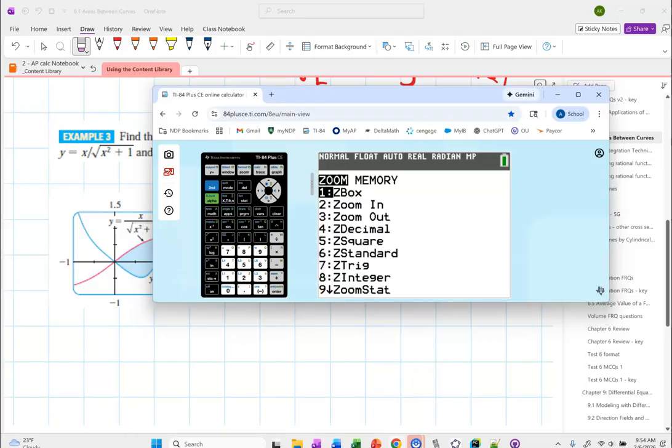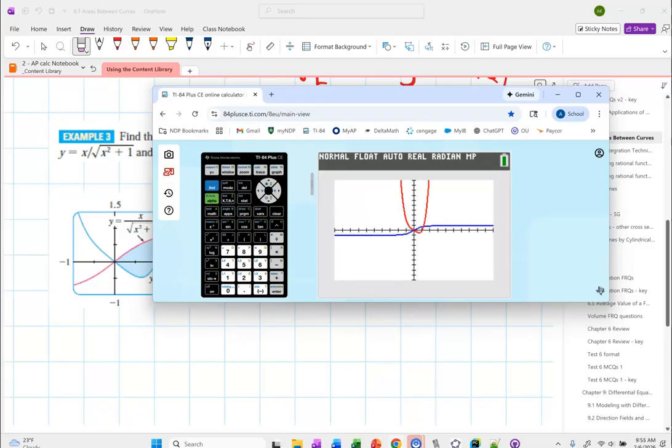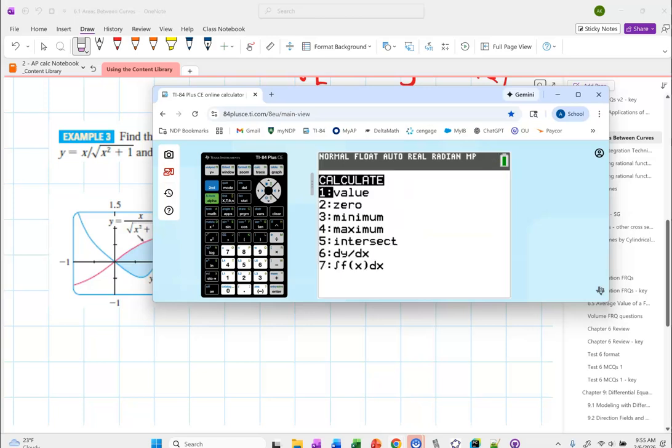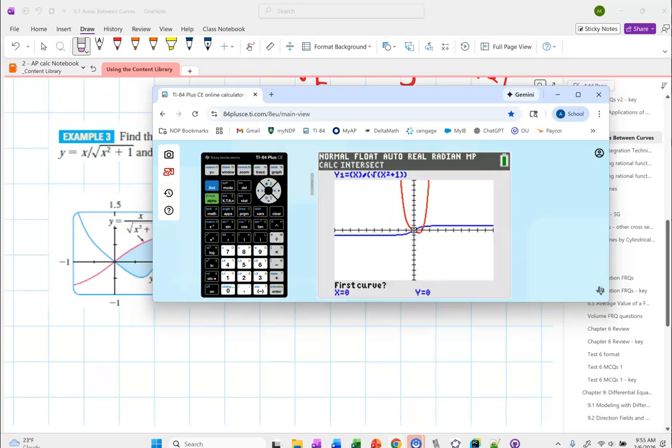I'm just going to zoom standard that. And then we just find our intersection, enter, and the one I'm interested in is this guy over here. So 1.18-ish.